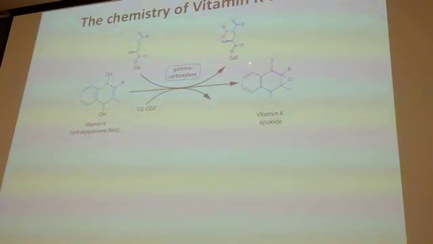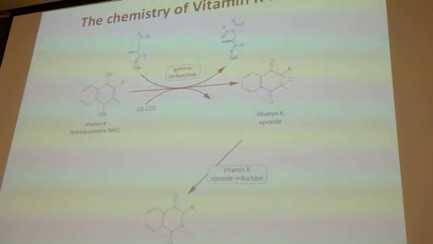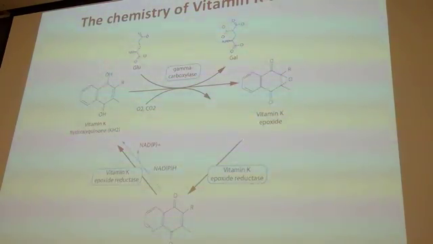And afterwards, it's converted into vitamin K epoxide. So it has to be recycled in order for this reaction to continue. It's recycled through the action of this enzyme, vitamin K epoxide reductase, back to this reduced hydroxyquinone form, right? And we can keep on carboxylating proteins.